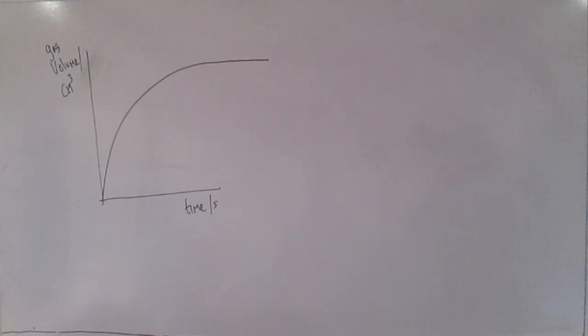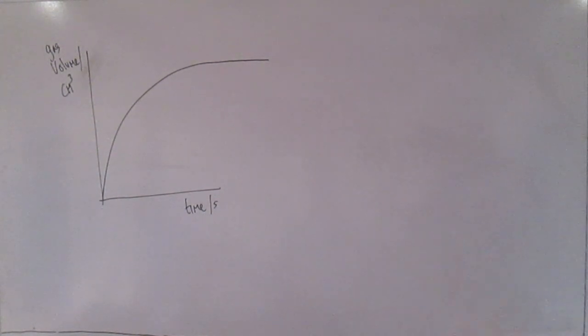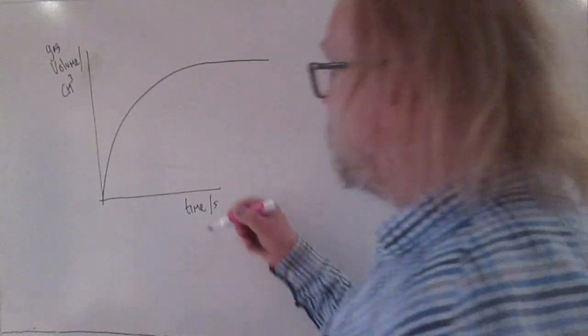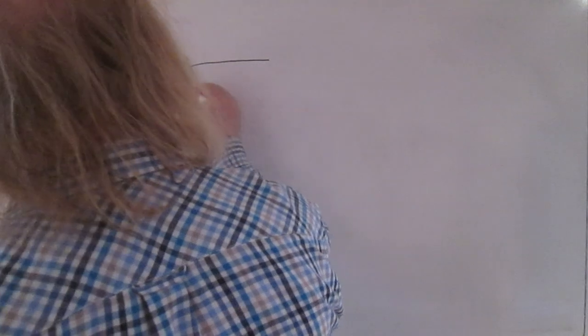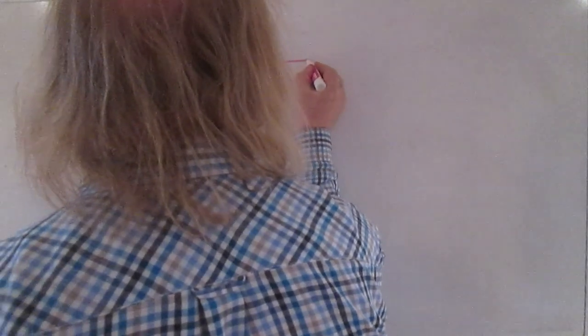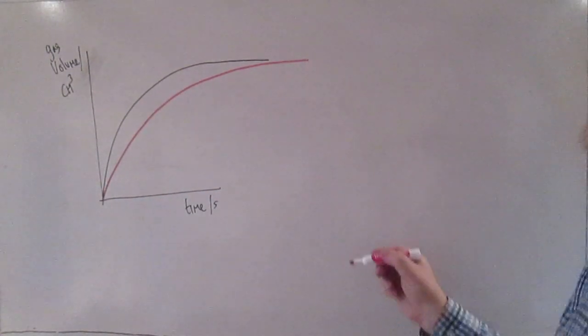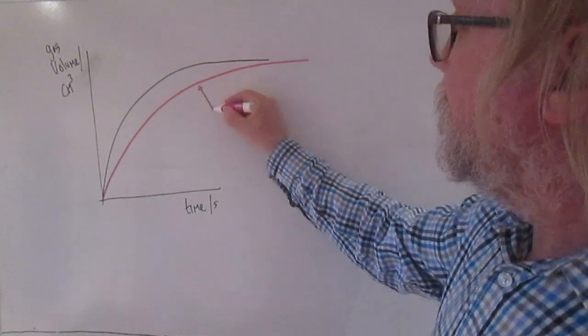So the curve is going to be less steep at a lower temperature. But in the end, if we've got the same amount of substance reacting, we'll get the same amount of product. It'll just take longer. So what we would get then is something like this. Okay, so this would be lower temperature.